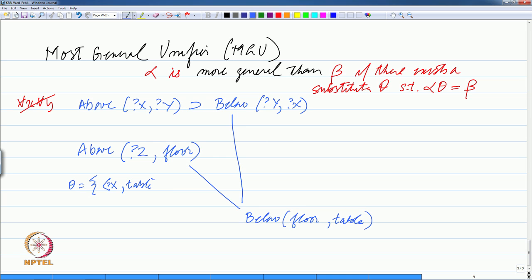I can substitute a constant table for x. I am allowed to do that, because universal instantiation says you can substitute anything actually. Likewise, I will substitute for z the word table, and I will substitute for y floor.